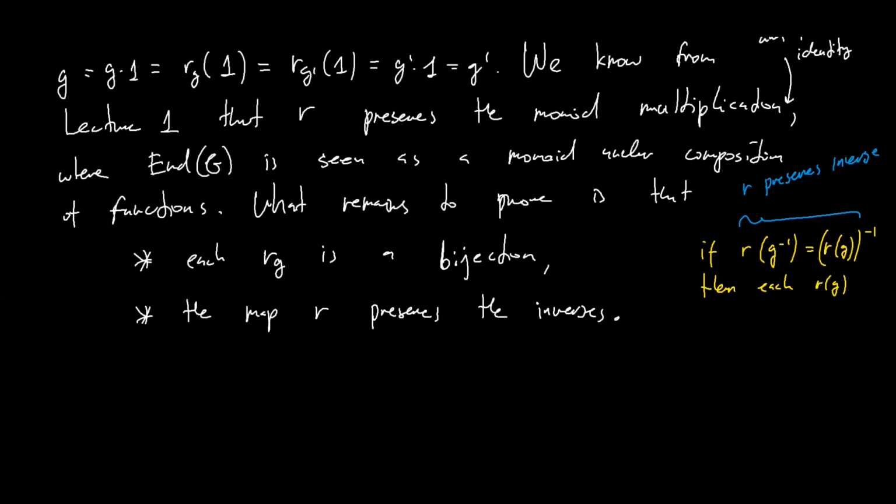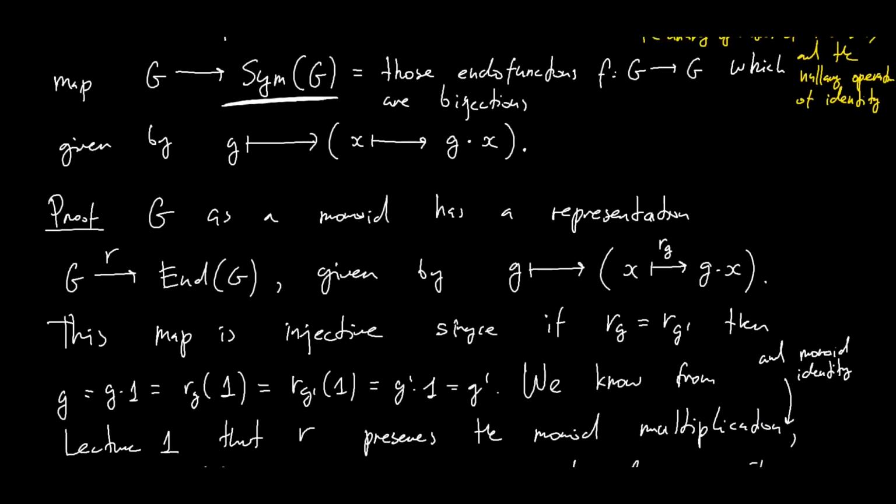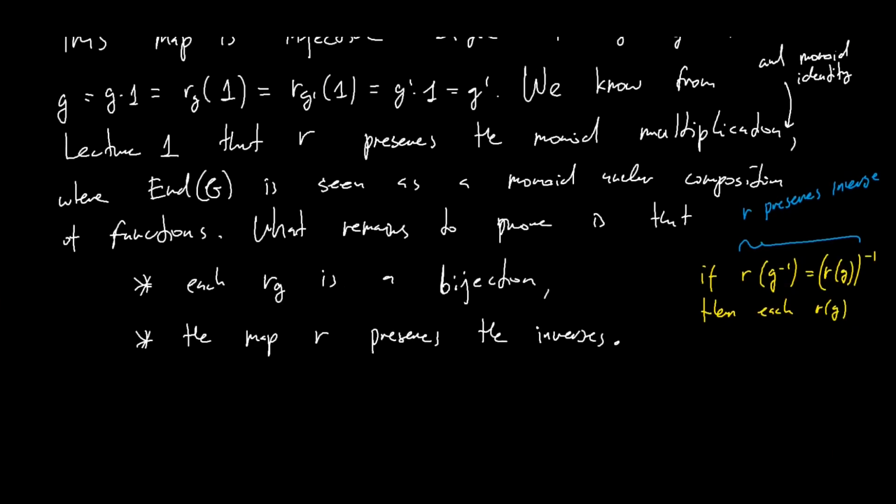But there is a problem here. G is not a group, it's a monoid. So we actually don't have the operation of taking inverses on this side. We do have it here, because every bijection has an inverse, but we don't have it here. So we can't really talk about R preserving inverses in that sense, because we don't have a guarantee that R of G will actually have an inverse.